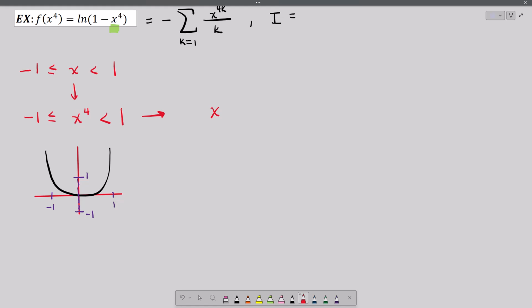No. Because if this function right here is y equals x to the fourth, what is the function value if you plug in 1 or -1? 1. And does 1 satisfy this inequality? No. This is a compound inequality, so both sides have to be true.